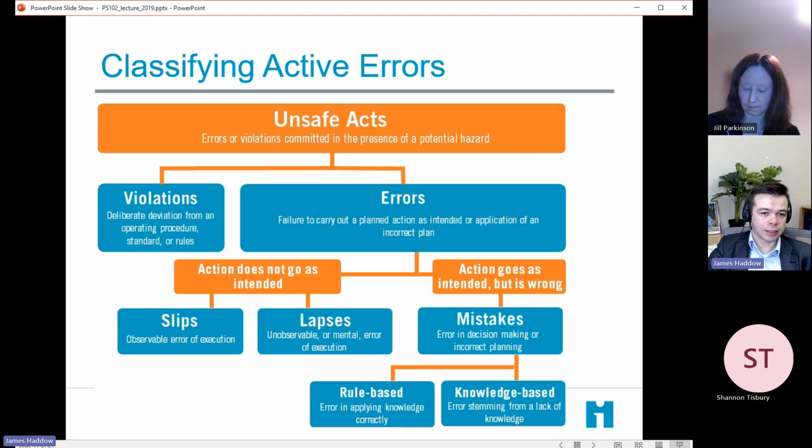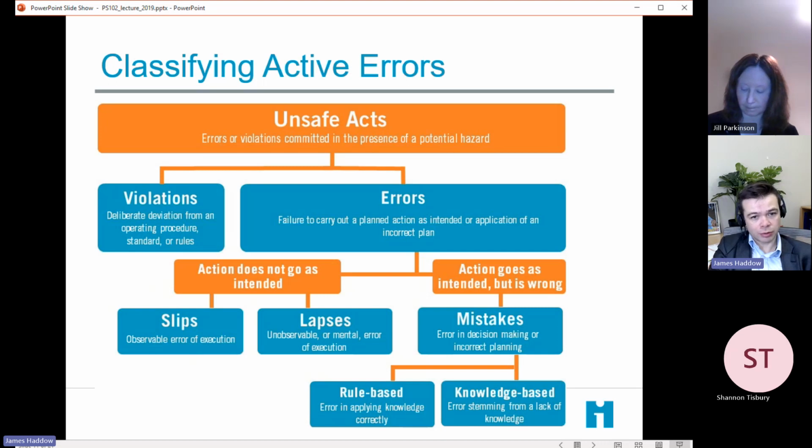And then you could divide those into two main categories. One would be violations, which is deliberate deviation from what is perceived to be the safe way to do things. And deliberate deviation might be for good reason, or it might be for a selfish reason, or a reason that is not in the patient's best interests.